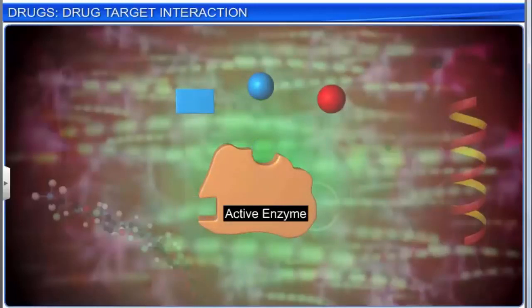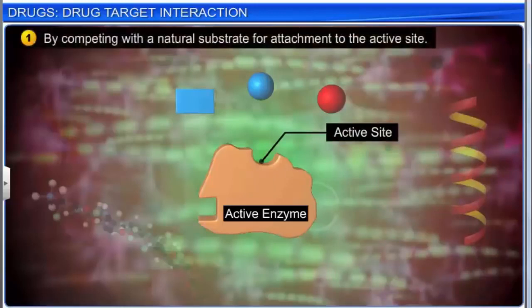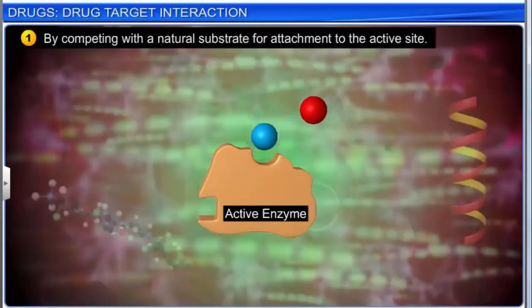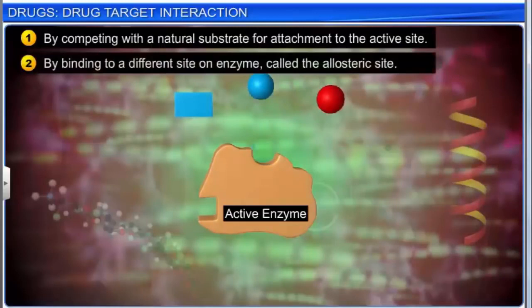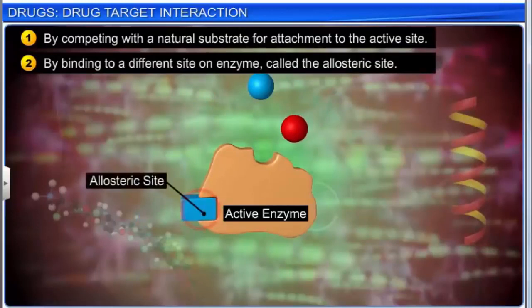Drugs inhibit the attachment of a substrate on the active site of an enzyme in two different ways. One way is by competing with a natural substrate for attachment to the active site. Such drugs, known as competitive inhibitors, block the binding site to prevent a substrate from binding to the enzyme. The other way is by binding to a different site on the enzyme, called the allosteric site.